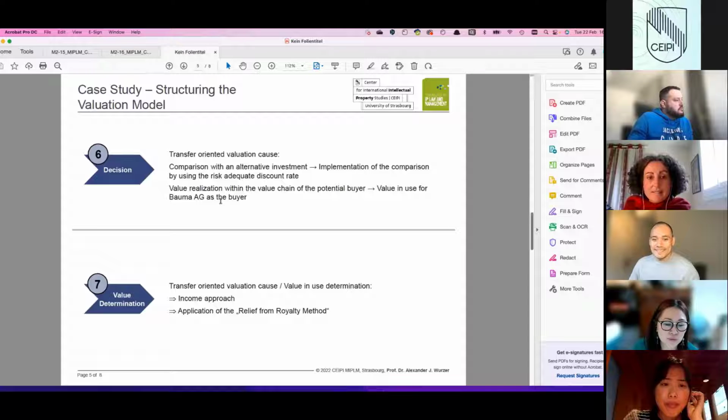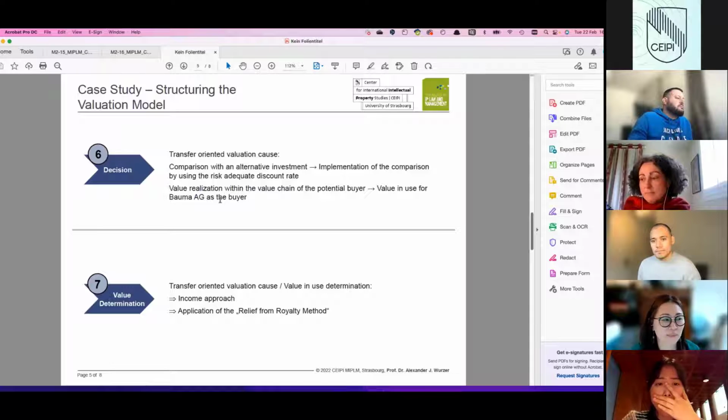Yeah, okay. So Bauma, which wants to acquire Schneider, would therefore be interested in what monetary benefit it could derive by exploiting the IP through future activities. So it would make sense that Bauma uses an income approach, because an income approach allows you to do just that.